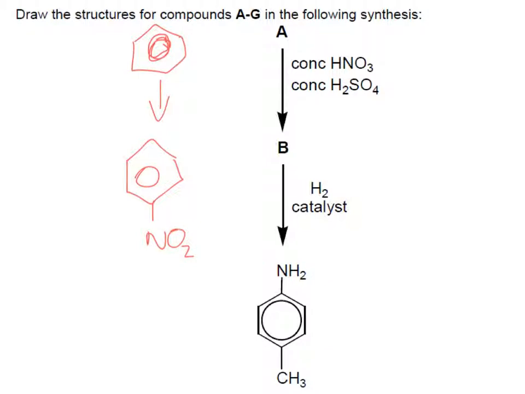The methyl group at the bottom has been unaffected by these two reactions, so obviously we need to start with a methyl group, and that methyl group is untouched for the entire reaction. So we're actually starting with methyl benzene, and we're turning methyl benzene into 4-nitromethylbenzene, and then forming this compound down here. So on with the next step.